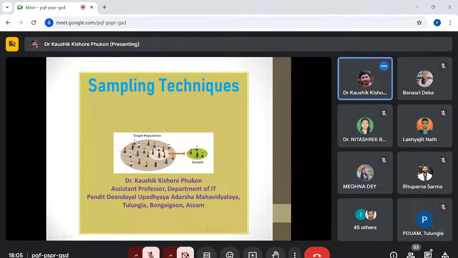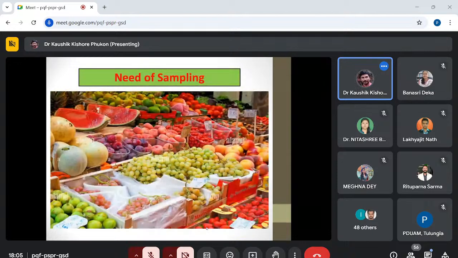As the topic suggests, we need sampling in different situations, and that's why we are going to discuss sampling techniques. But let us start our discussion with the necessity of sampling with an example. Here we have so many tasty fruits on the screen.